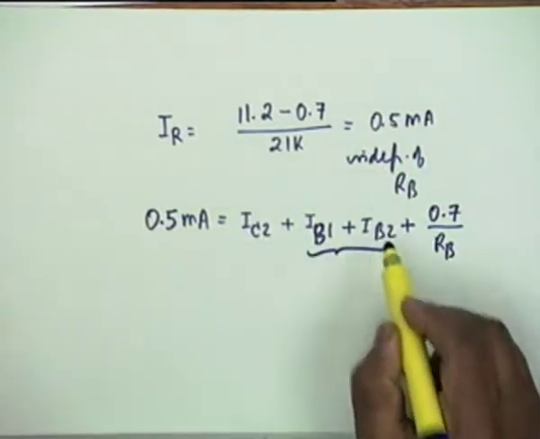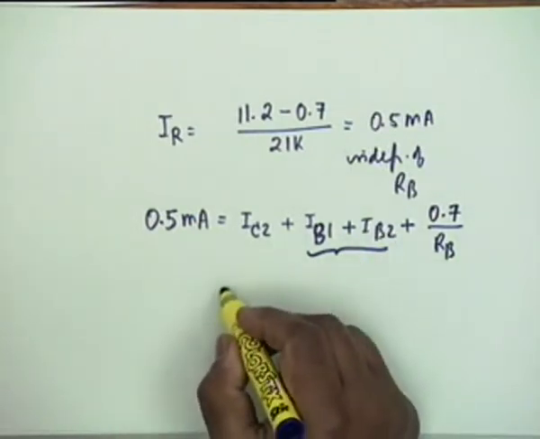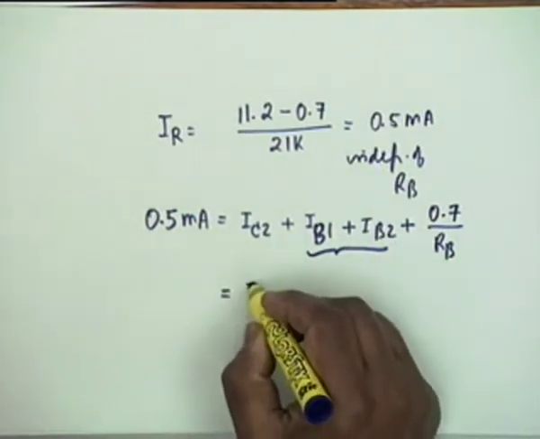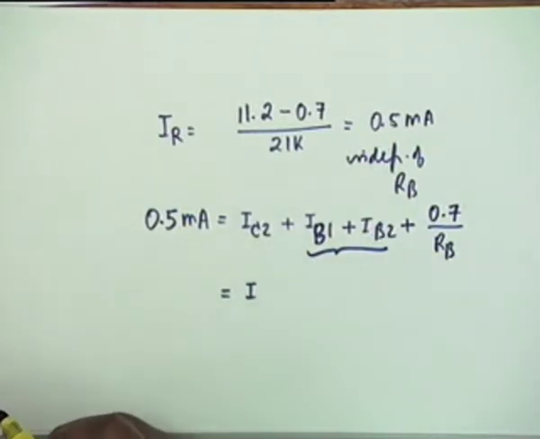Now these two are equal because the bases are tied together, and IC2 and IC1 should also be equal.